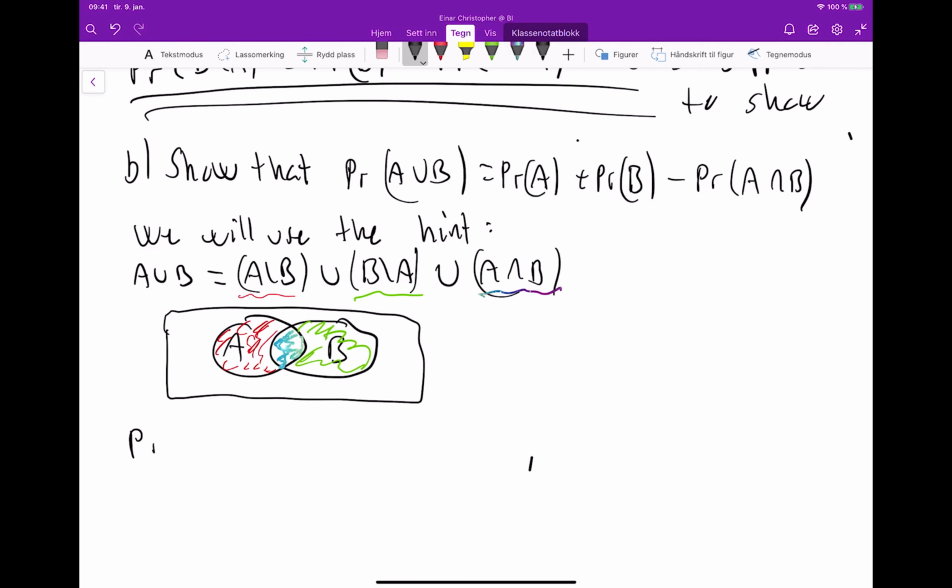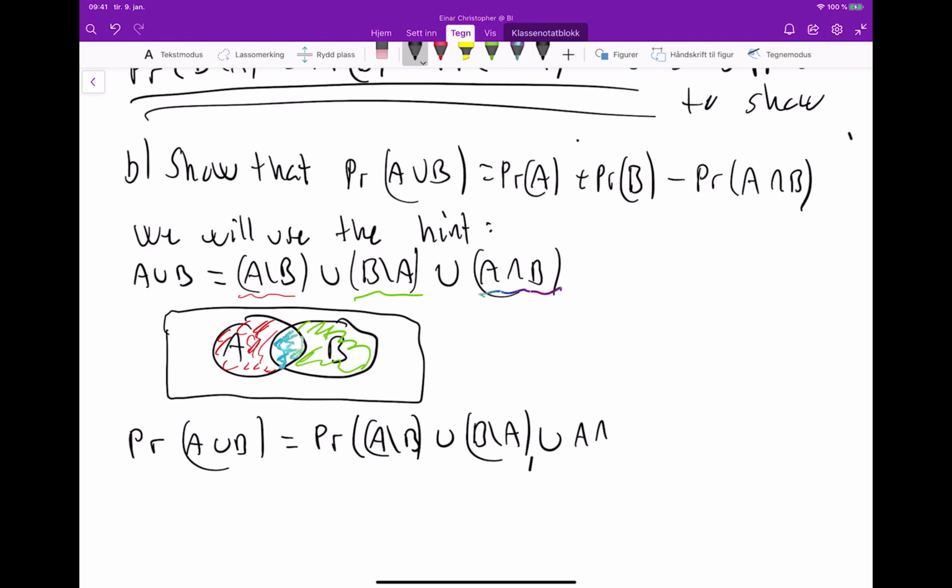We got the probability of A union B is equal to the probability of A minus B union B minus A union A and B. This is just using the hint, putting the probability function on both sides.